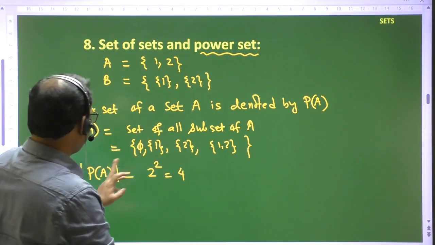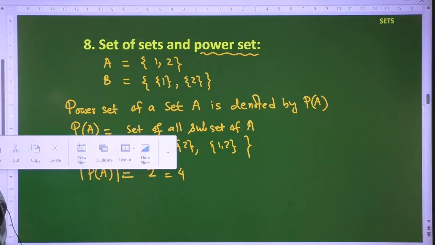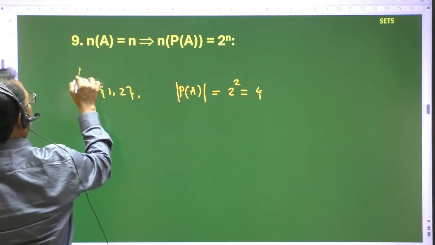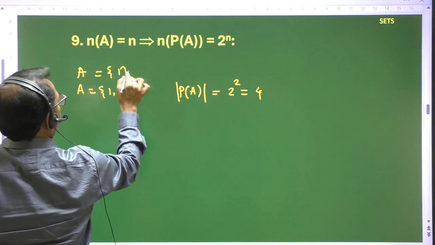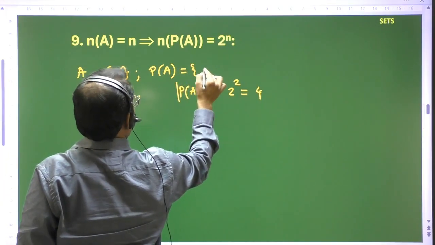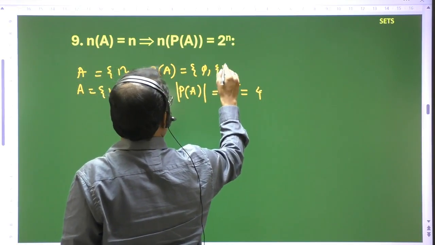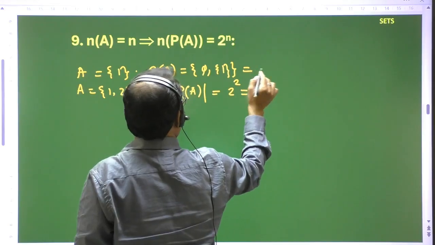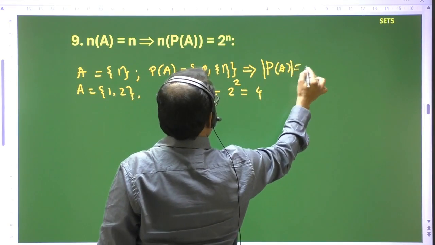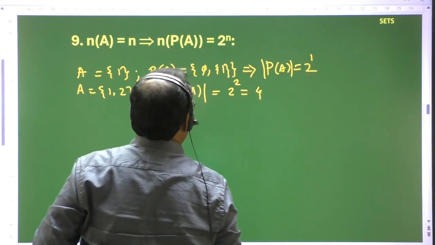Similarly, suppose this set A has only 1 element. Then how many elements does its power set have? Phi is a subset of every set, so we take phi, then we take 1. So 2 elements. So the cardinal number of the power set of A is equal to 2 to the power 1, because in A there is 1 element.